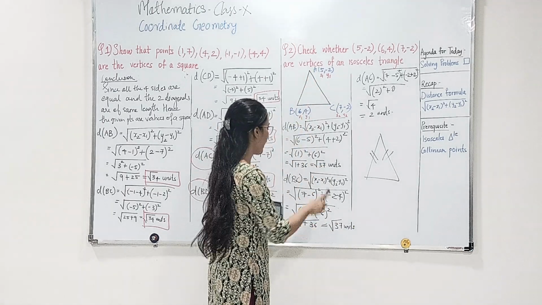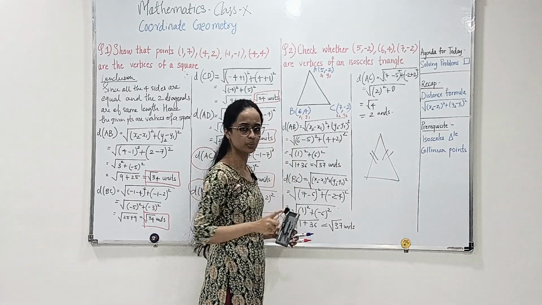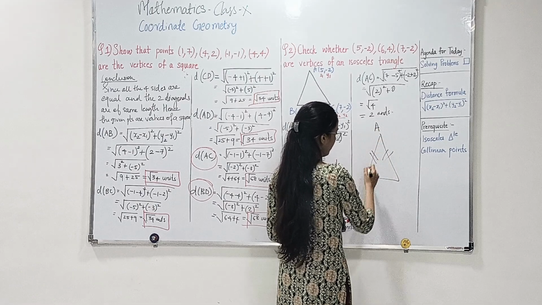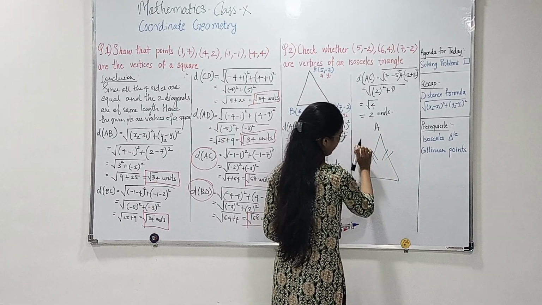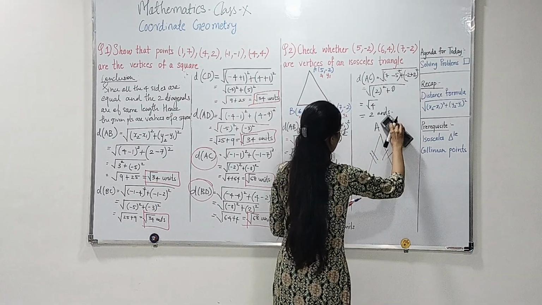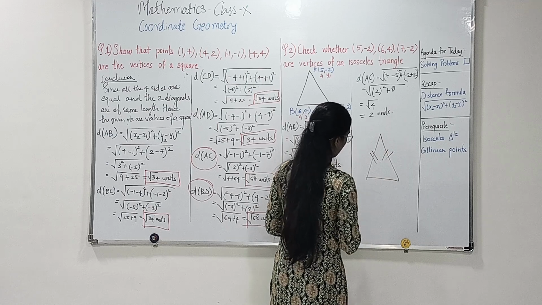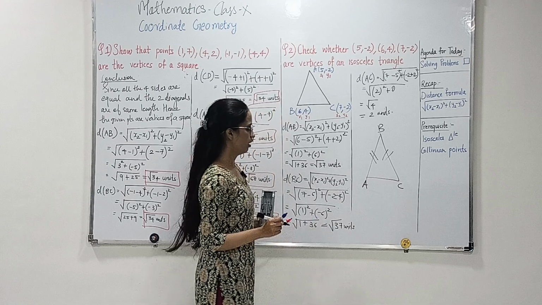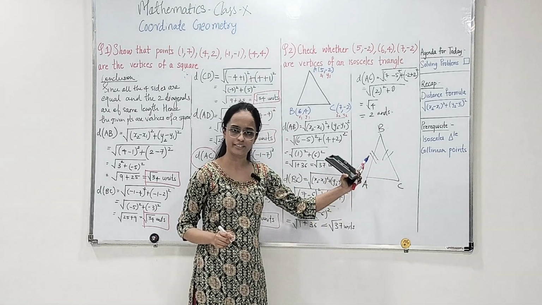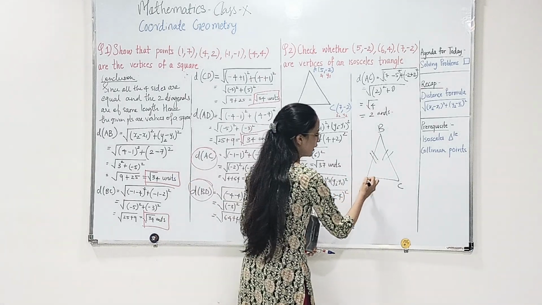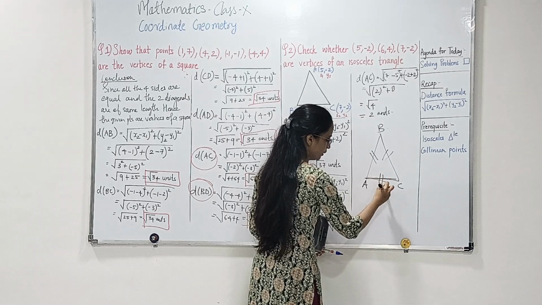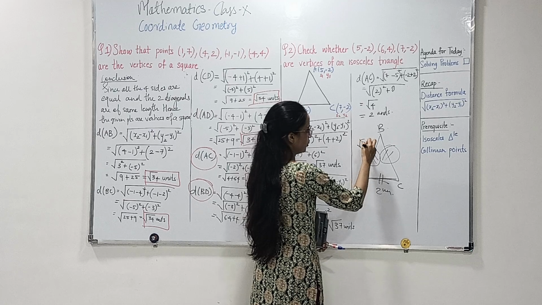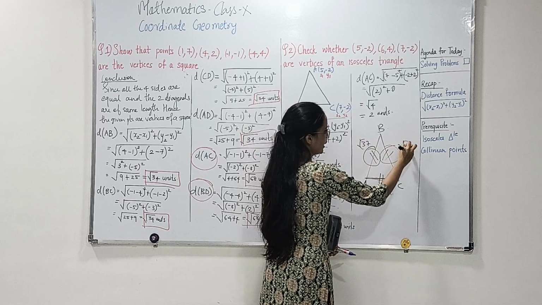Technically, if you see, I got AB and BC to be equal to each other, meaning the triangle must ideally look like this. If you see, length AC is different, which is 2 units in this case, and these are equal to each other, that is root 37 and root 37.